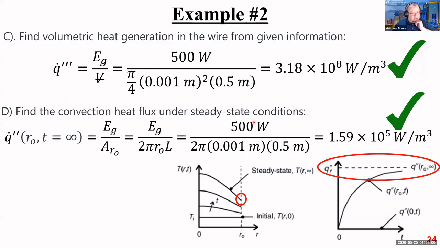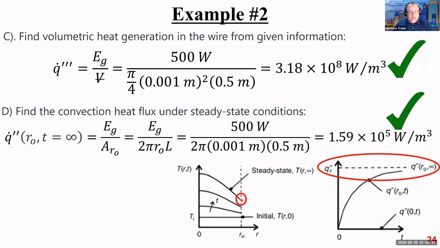Okay, under steady state conditions. We already talked about this, at least qualitatively, but we didn't calculate the value, right? If you let time go long enough, the heat flux at the wall at time equals infinity, you're going to reach a constant temperature at the wall.